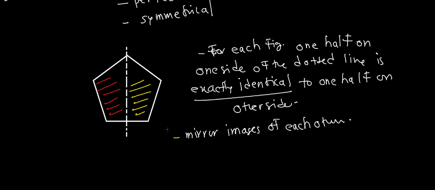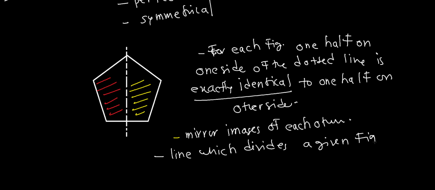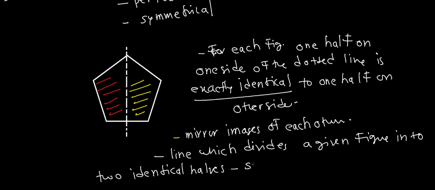This makes them symmetric, and the line which divides a given figure into two identical halves is known as the axis of symmetry, or line of symmetry.